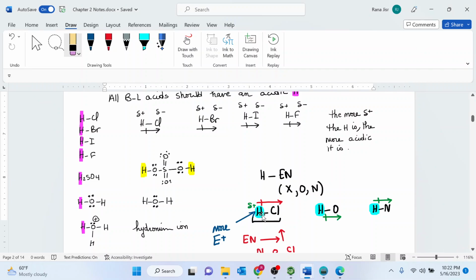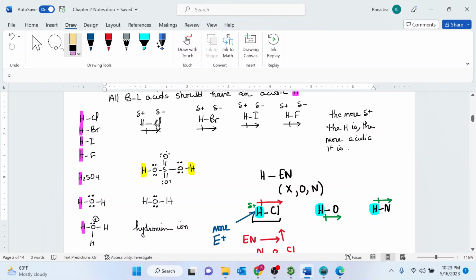There is a difference between hydrogen that is connected to elements that belong to the same period. In this case, you need to look at the electronegativity and the pull of electrons to determine how partial positive this hydrogen is. And of course, the more partial positive the hydrogen, the more acidic it is.